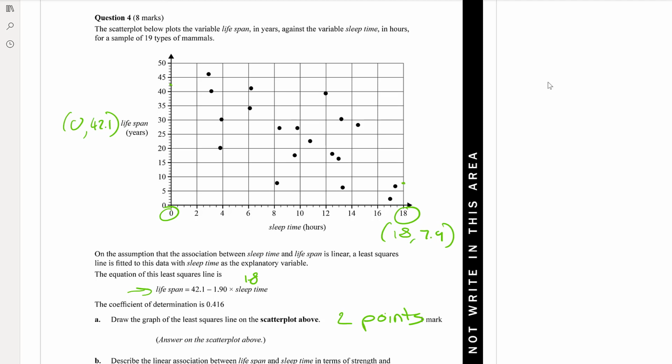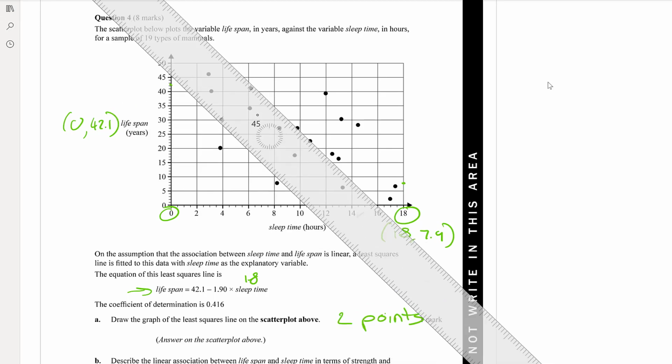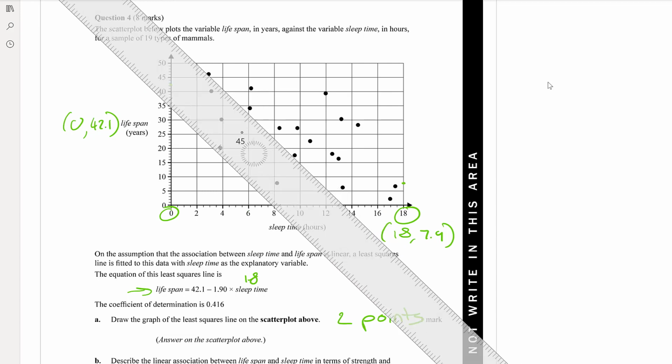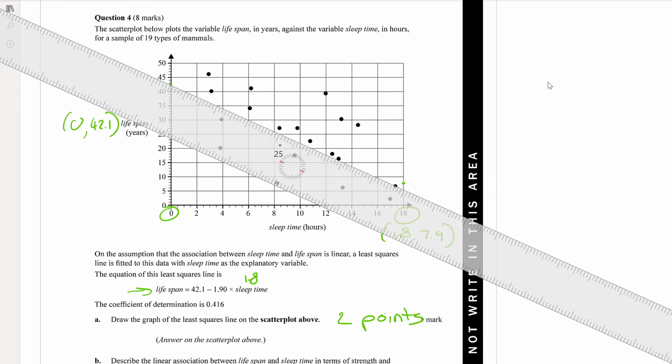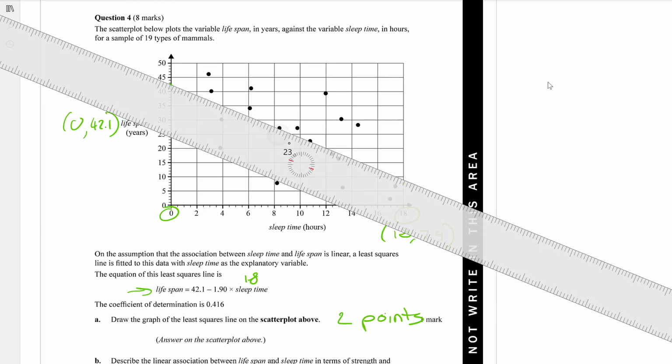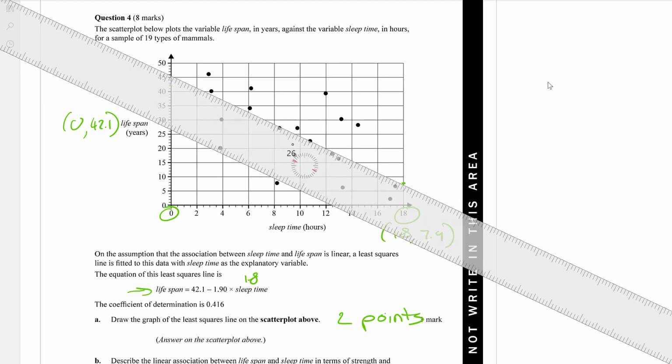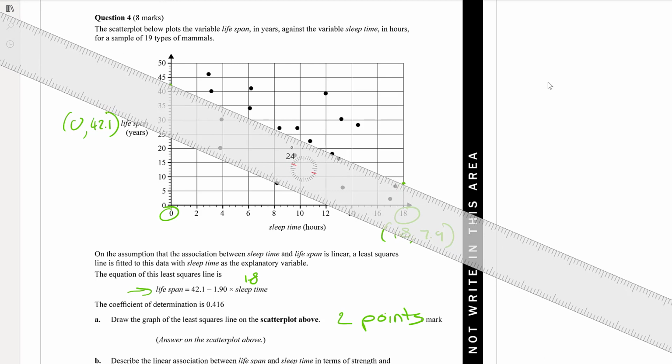about there. Probably not ideal without a ruler. I've got a ruler on this I can use, but make sure you've got a ruler in your exam. All it's asking you to do really is line up 2 dots, something along those lines. I'm probably spending too long doing this for you. It's probably as close as I'm going to get.